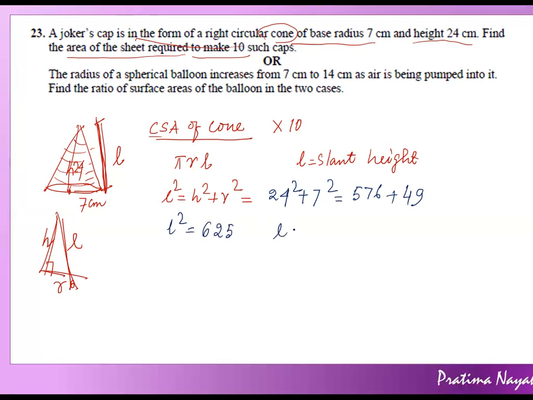When L square is 625, L is equal to the square root of 625, which is 25. You can remember this, or you can factorize it to get the square root. It will be 25. Next, come to the curved surface area. It will be pi, 22 by 7, r is 7, L is 25.